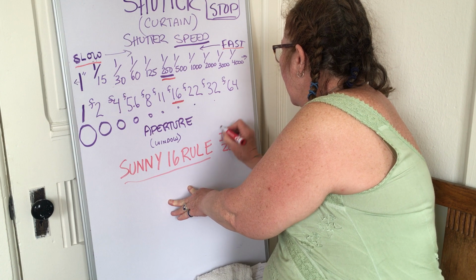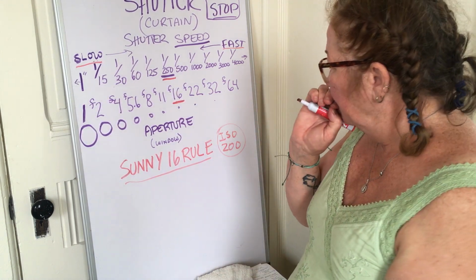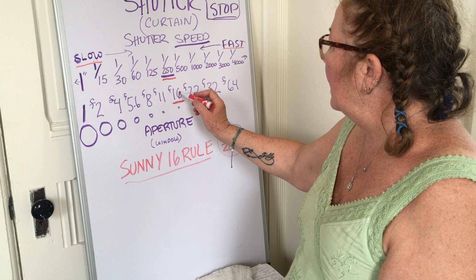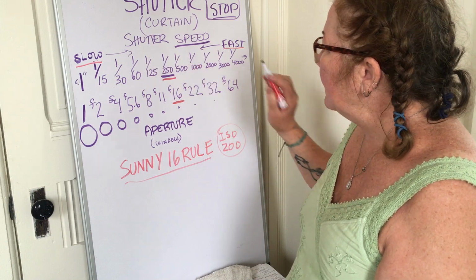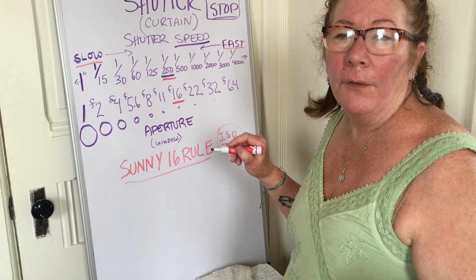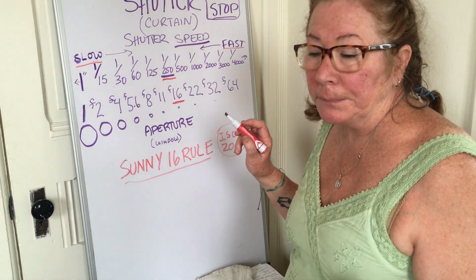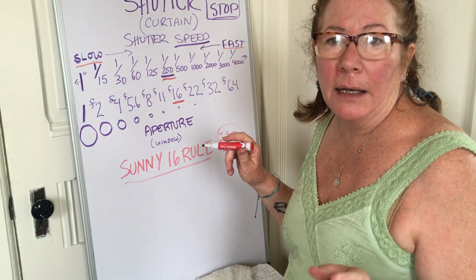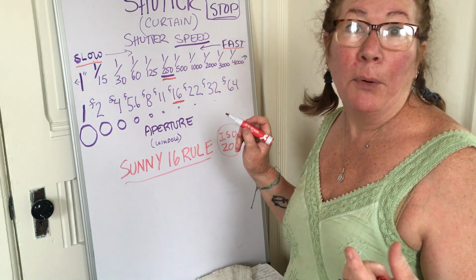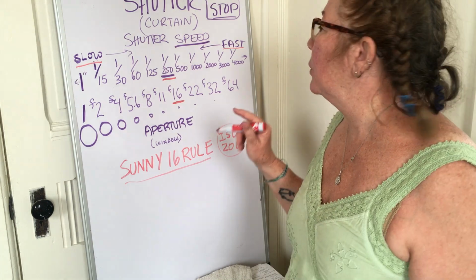So let's say I'm starting off with a Sunny 16 rule, and that means my ISO is at 200, right? We're starting off there. So Sunny 16, f16, and 1/250th of a second. So let's say I want to freeze motion on my friend that is doing some tricks on their skateboard, right? So it's skateboard tricks.